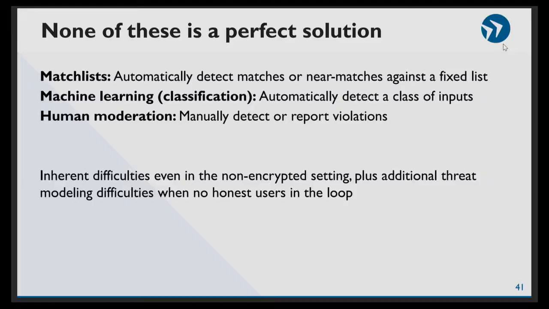Okay, so there was my whirlwind tour of cryptographic techniques in content moderation. It goes without saying that none of these is a perfect solution. In the standard setting, most of these are used sort of in combination. In cryptography, these mostly use very different technical tools, so there's not really a whole lot of effort in trying to combine these right now.